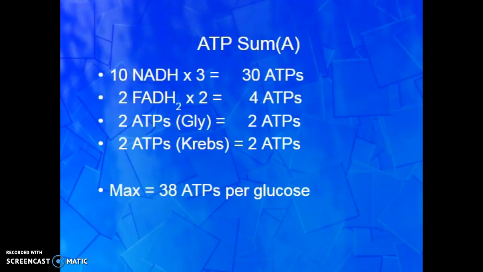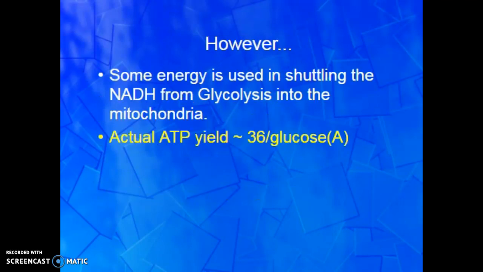So if we do the math and add all that up, we get 38 ATPs per molecule of glucose. That's kind of like the perfect scenario, perfect efficiency. But we're going to use a little bit of energy to move, especially to move from glycolysis into the mitochondria. So our actual yield is about 36 ATP per molecule of glucose.